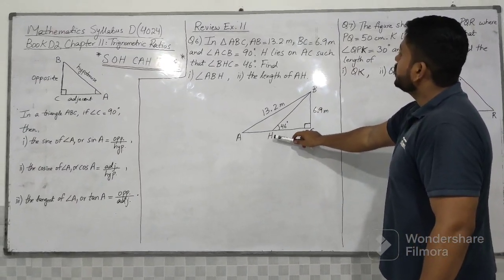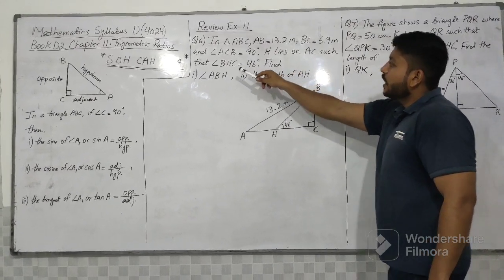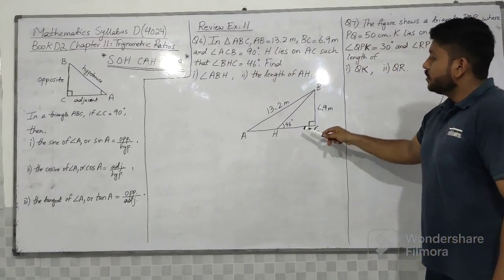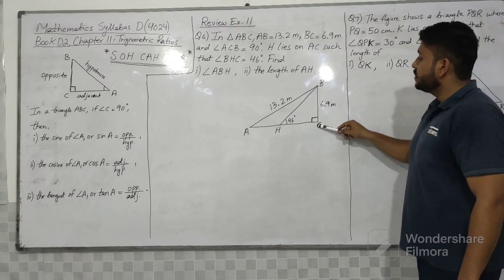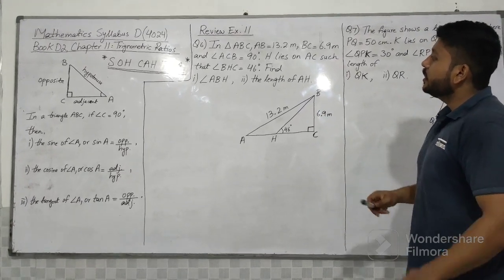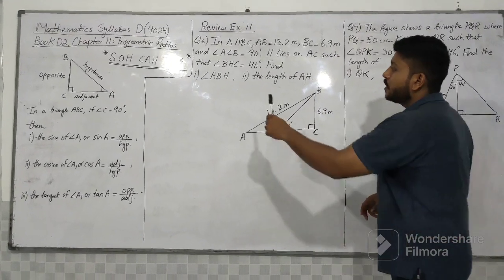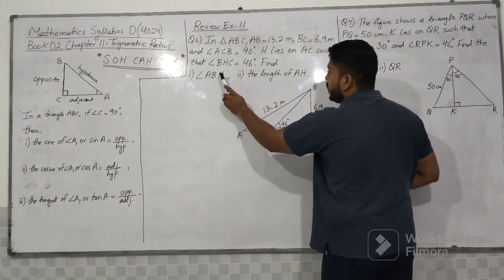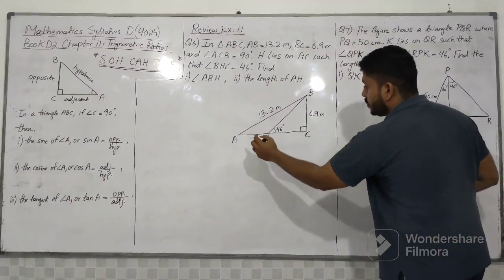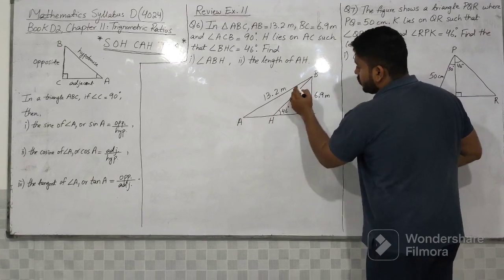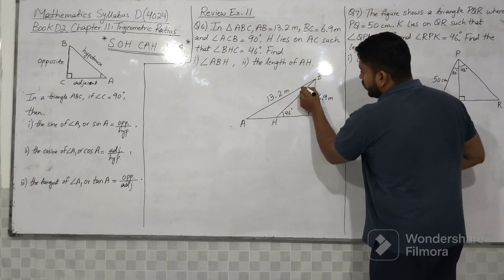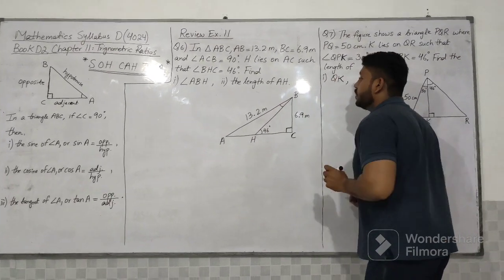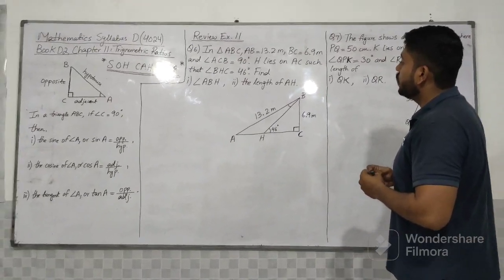Point H lies on AC such that angle BHC equals 46 degrees. In part 1, we have to find angle ABH. This is the angle we are required to find in part 1.